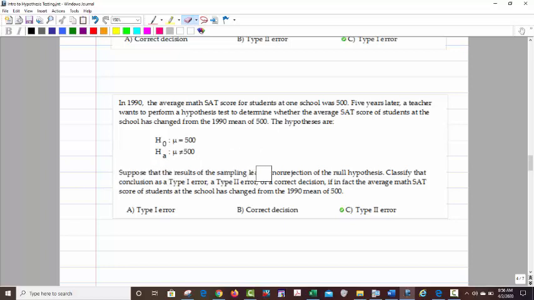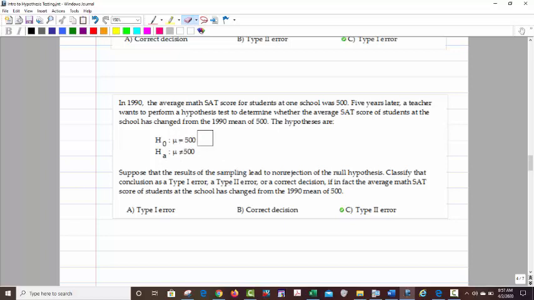Suppose the results lead to non-rejection of the null hypothesis. We did not reject it. Failed to reject. Okay, classify what type of error or correct decision. If in fact the average math SAT score of the students has changed from 500, that means the alternative was true.